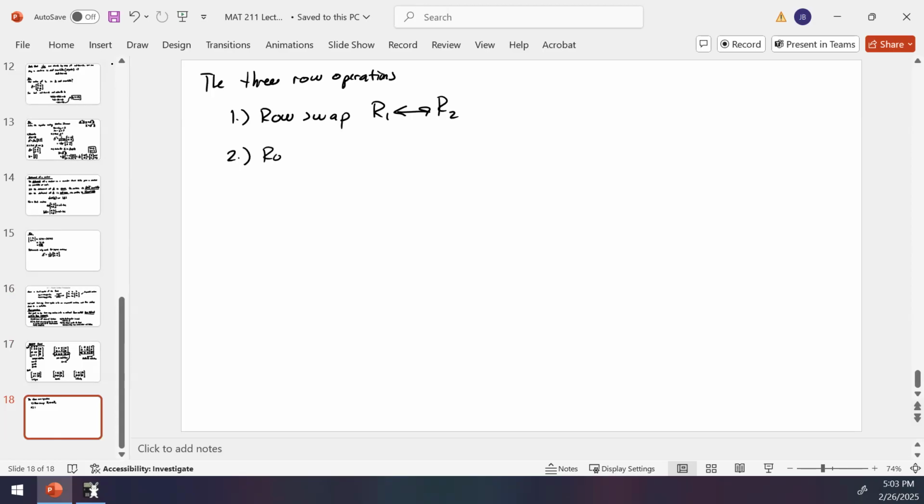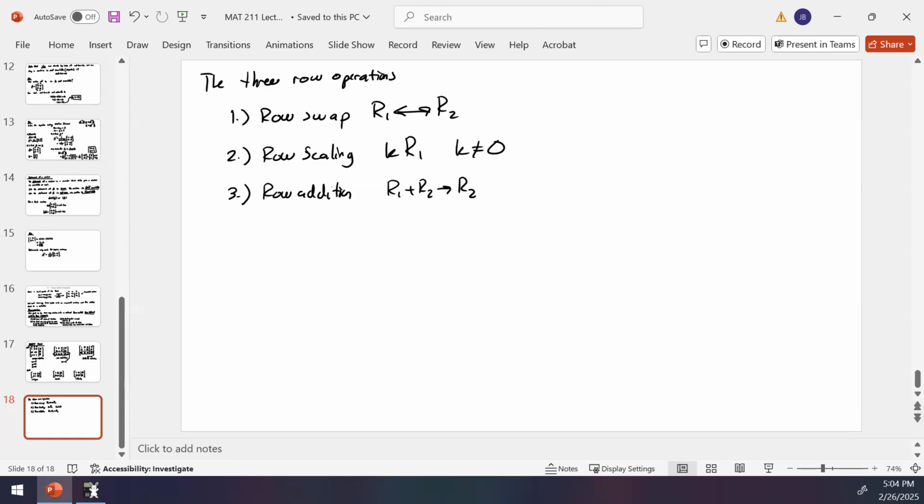Then we have row scaling. We can multiply a row by any number except 0, because then the row becomes all zeros. And number 3, we have row addition. We can take one row, add it to another, and modify that row with that other row. And you can multiply the rows by a number too. So those are the 3 row operations.